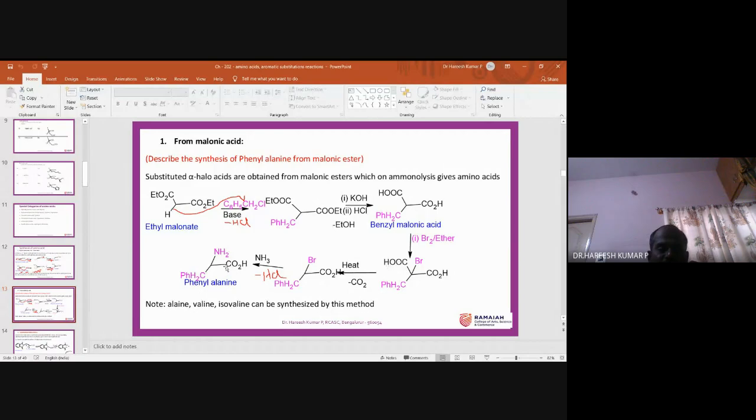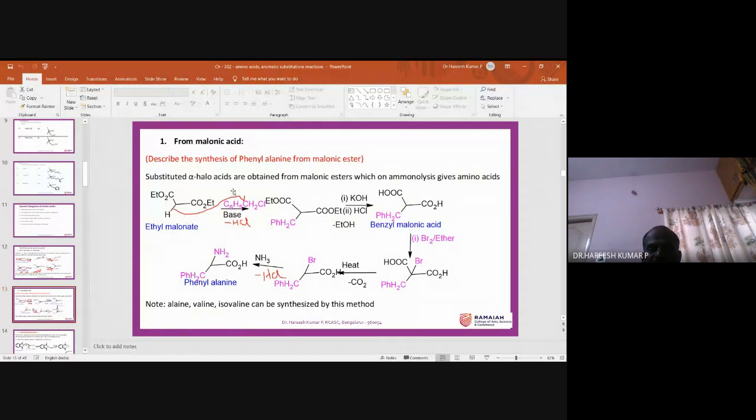Suppose you want to prepare alanine. Then instead of benzyl chloride, if we take methyl iodide, you will end up with alanine as the product. If you want valine, here you should take isopropyl chloride, meaning CH3CHCH3Cl.